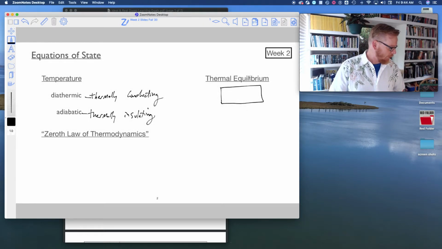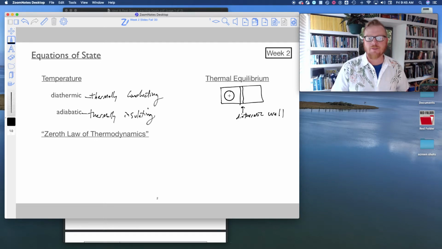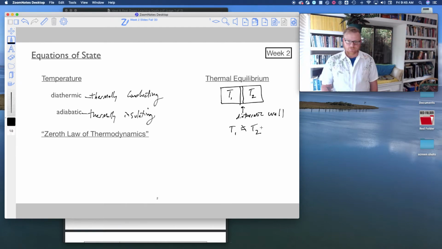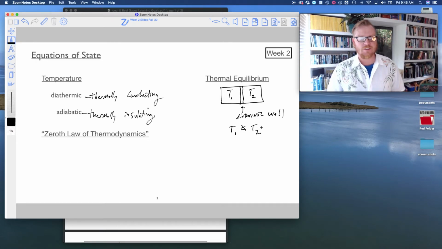So our thermal equilibrium goes as the following. Suppose that I have two containers, and this is a diathermic wall. Here I have T1 and T2, and T1 and T2 are not equal. Since a diathermic wall separates them, eventually T1 and T2 will become the same temperature.